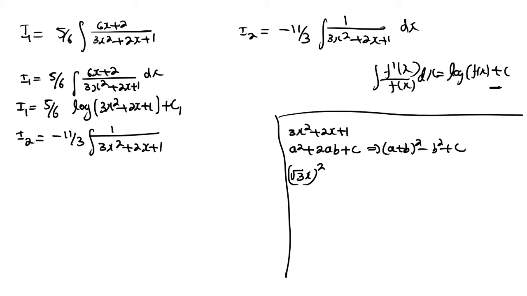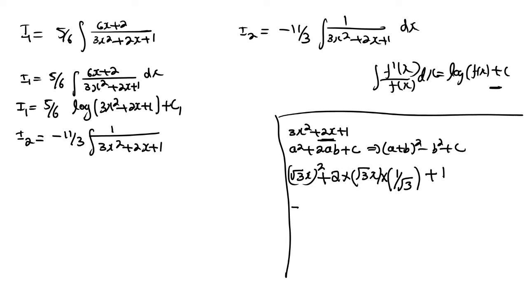So you will get 3x square plus 2 into a, which you already took as root 3x, into, then how to get the b value? What must b be? See, you have to get 2x. That means you need to remove root 3, right? So b value is equal to 1 by root 3. Root 3 gets cancelled, so you will get 2x only. Plus c value is equal to plus 1.